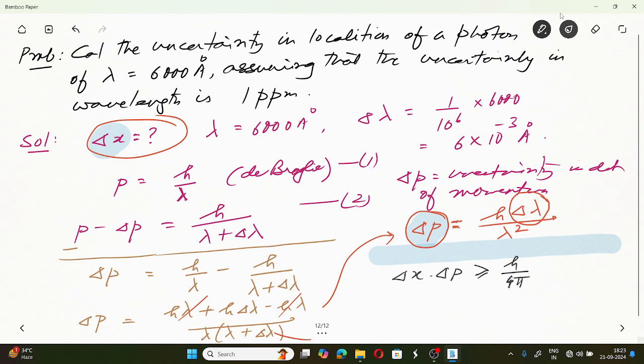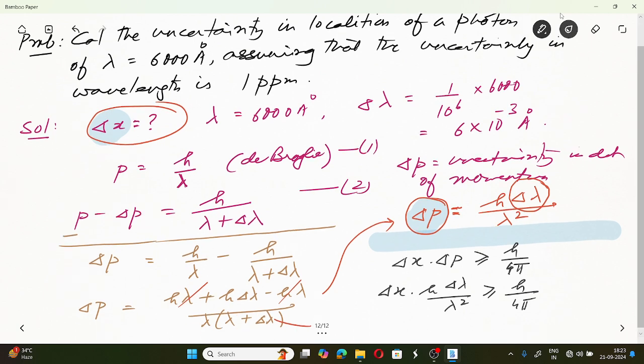Substituting this value, delta x into h delta lambda by lambda square is greater than or equal to h by 4 pi. So delta x is greater than or equal to lambda square by 4 pi delta lambda. This is the expression we can use for determination of uncertainty in position.